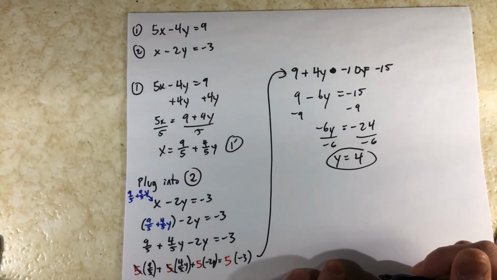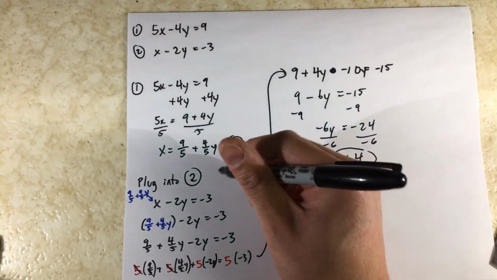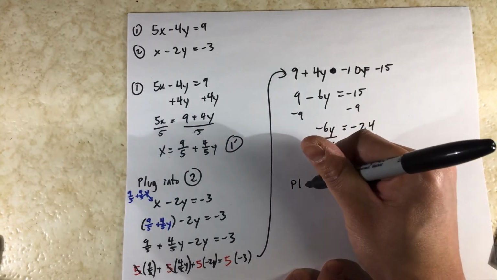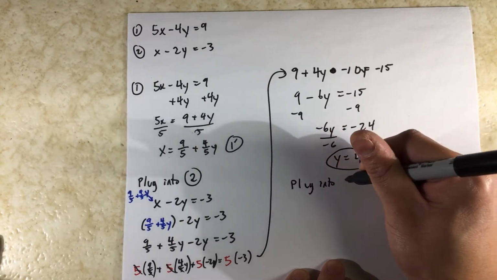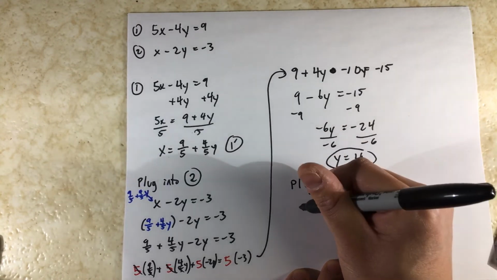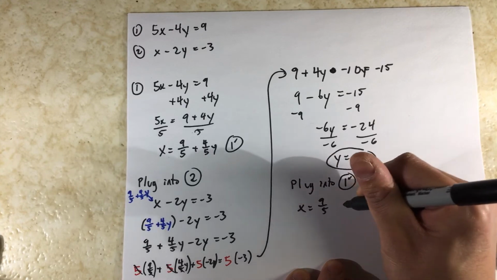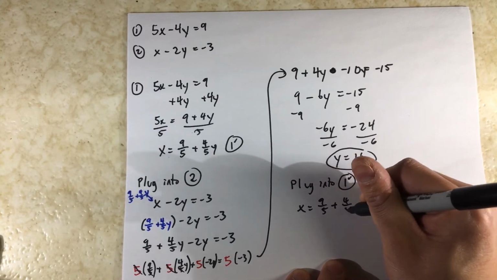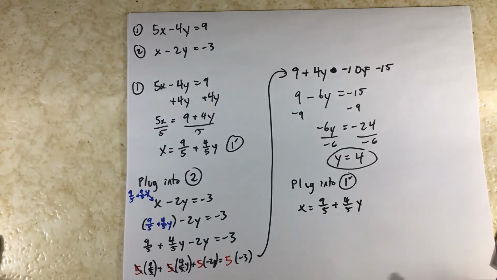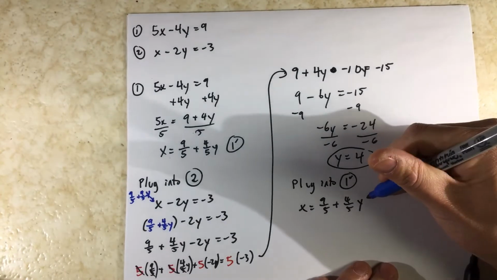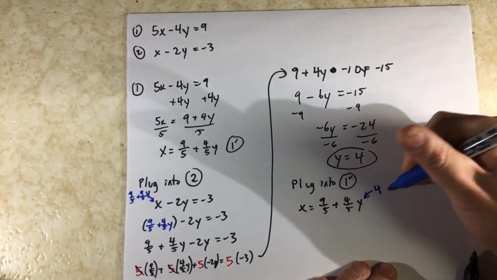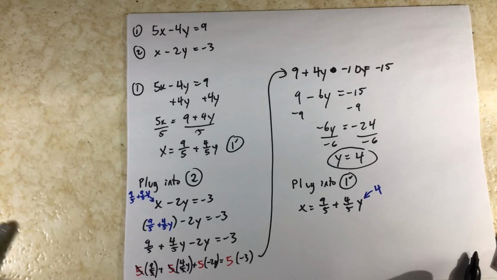Okay, so now we have y equals 4. We have to plug that into one of the other equations. So let's plug it back into 1 prime. So x equals 9/5 plus 4/5 y. And again, proud of myself, substitution color is blue.